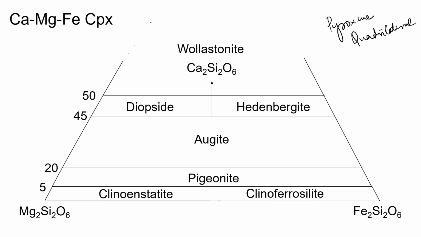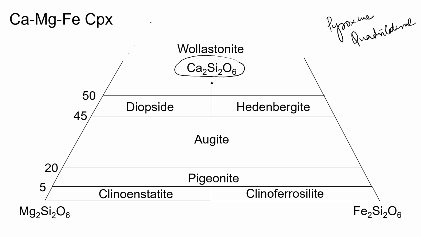Now, first of all, let us look at the clinopyroxenes, the calcium, magnesium, iron clinopyroxenes. Once we look at the diagram over here, you can see the content of calcium, magnesium, and calcium and iron. At 50%, this Ca2Si2O6, calcium silicate, is called wollastonite.